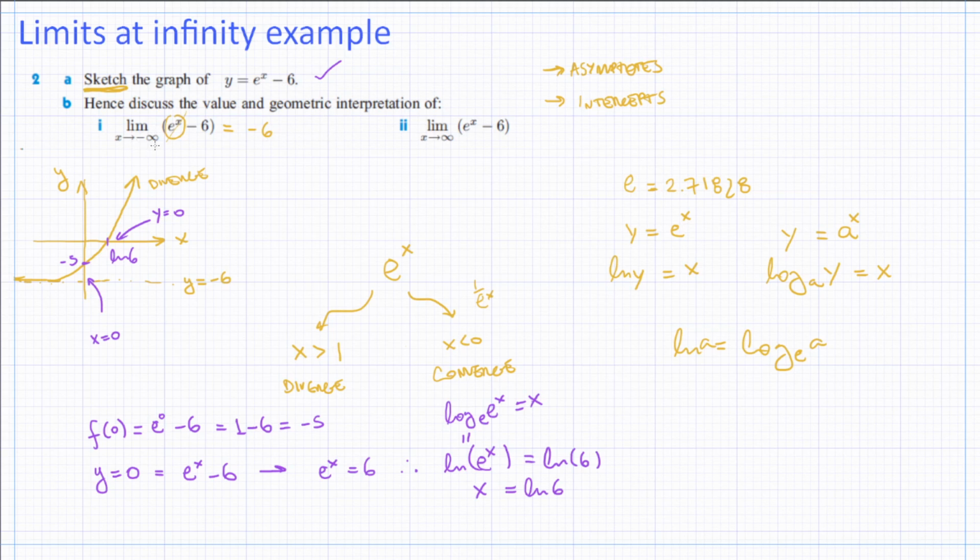So the first one here is the limit when we're going to negative infinity. Well, we have found that was -6, and that's expected. And this means it's an asymptote. That's the geometric interpretation. Now the second one, it diverges. It's not going to get close to any specific value. So it's nothing. It's not an asymptote.